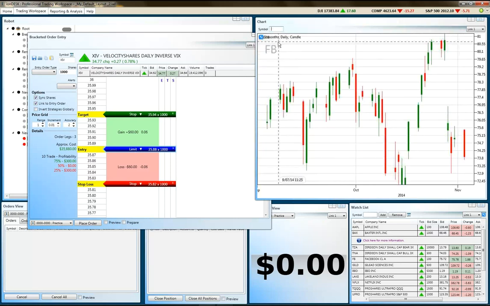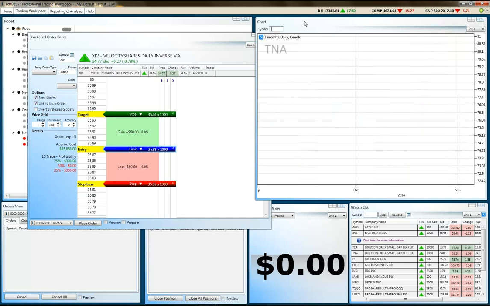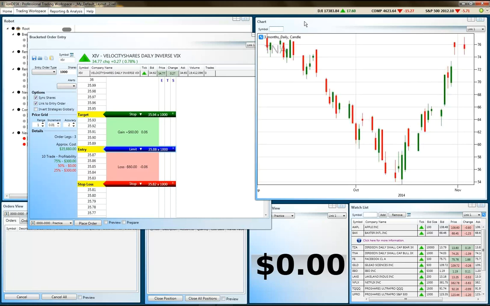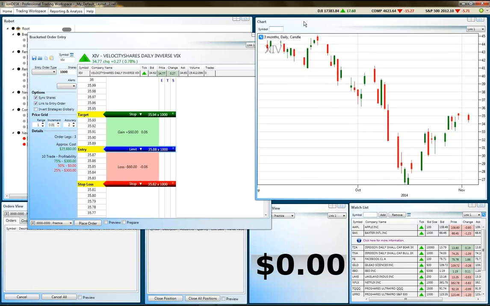Is the XIV fairly new? No. It's not? Because it looks as if it's an ETF. I'm not able to get any data off of it. Let's see. Okay, there it is. XIV. Yeah. Okay. So I was just checking there. Sometimes, I have some customers say, hey, I'm not able to get a 3-month chart of BABA. I'm like, I'm not sure BABA's 3 months old.